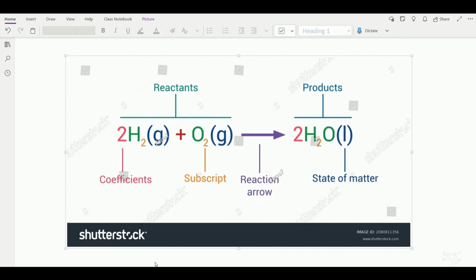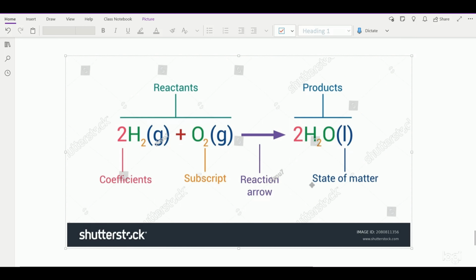If we write out a chemical equation using words, we call it a word equation. But if we write it out using chemical symbols, then it is called a chemical equation.